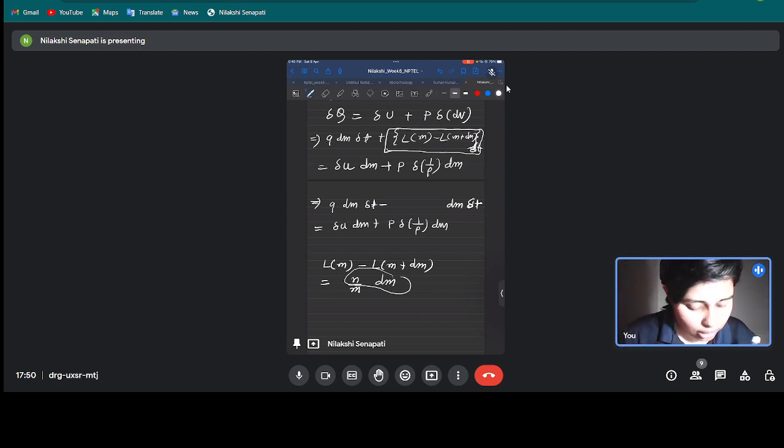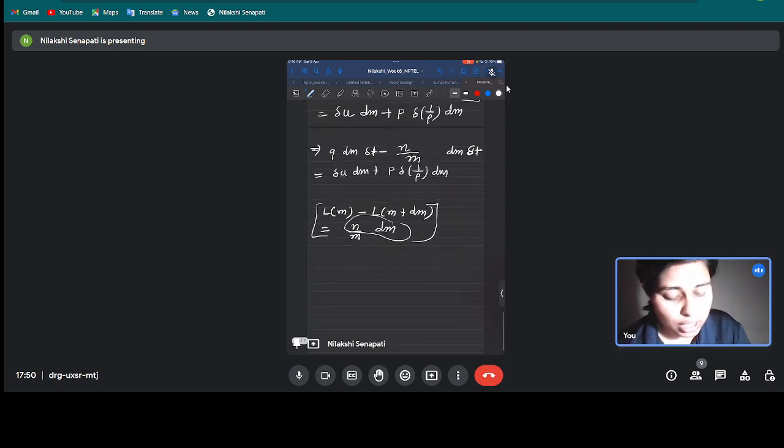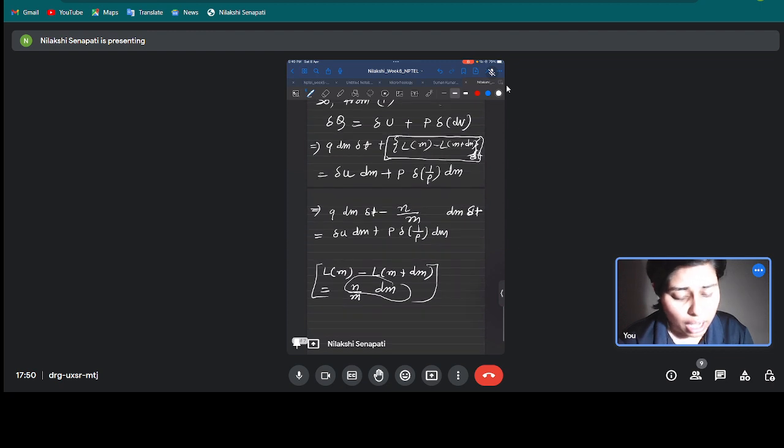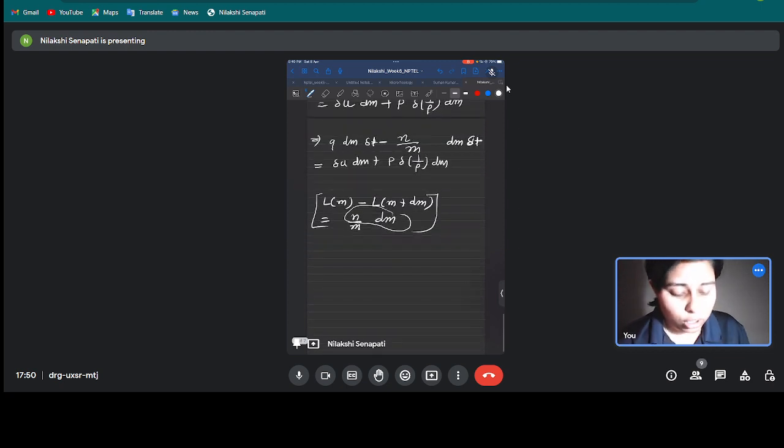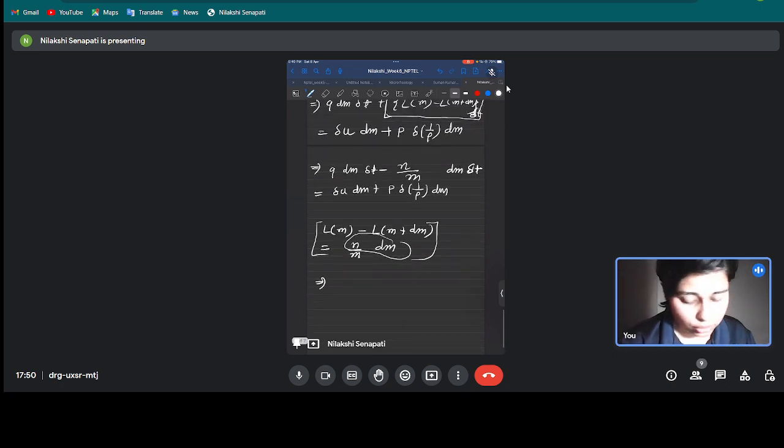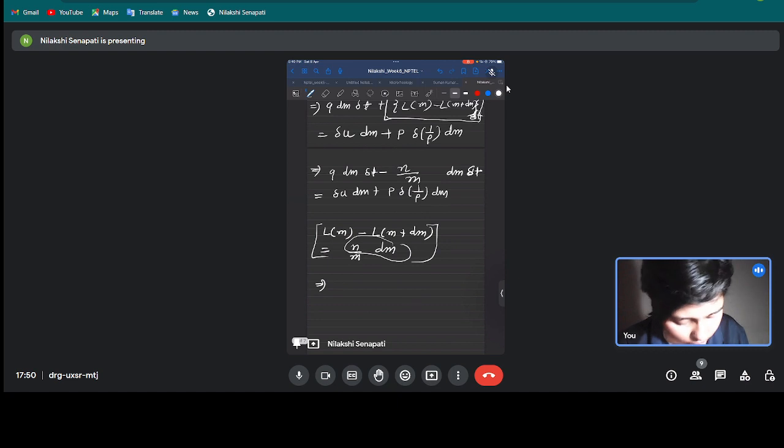So that is per unit mass, which we are calling lm minus lm plus dm. If we write that, then we will get this equation with q dm, and everything else is the same as what I have written previously. So now this is the equation. Let me write it once again.